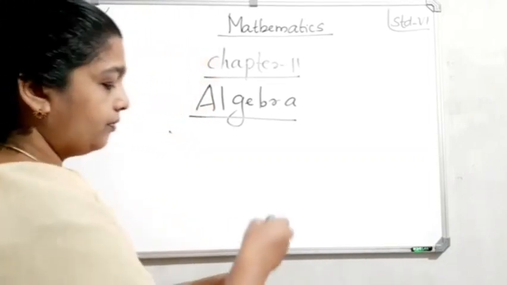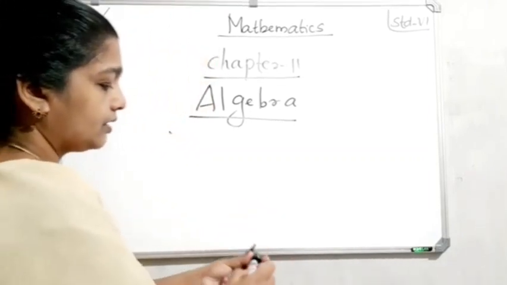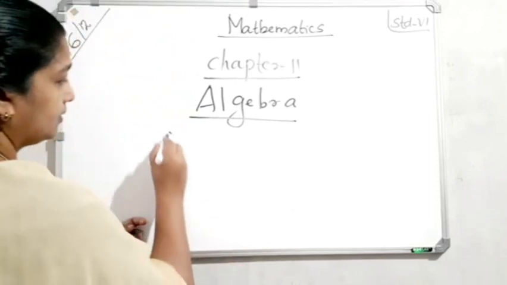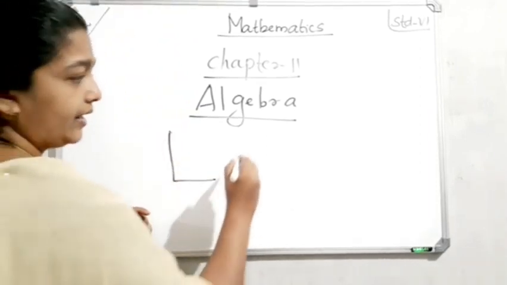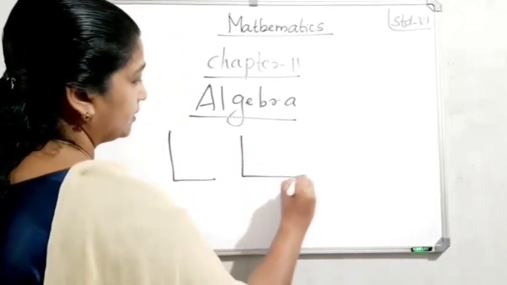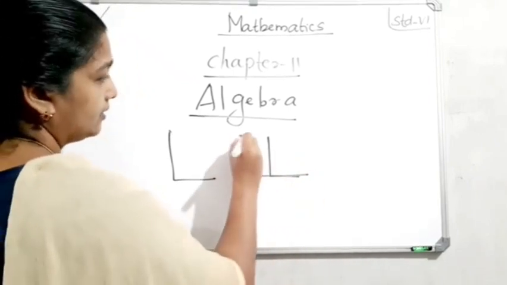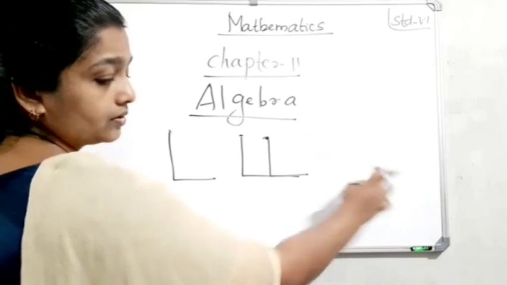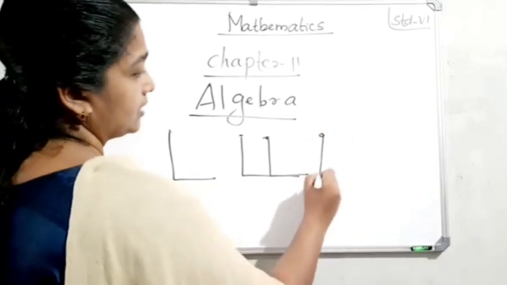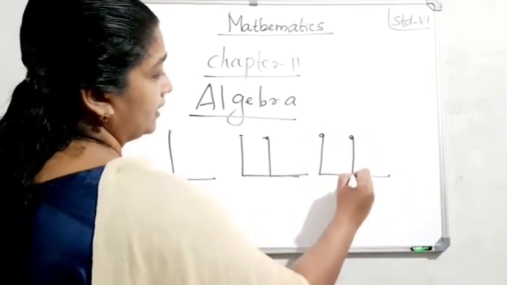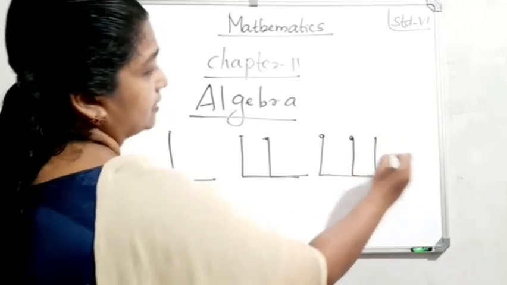How do they form it? So first one. Next they add again 1. Next, then 1 more. Clear?